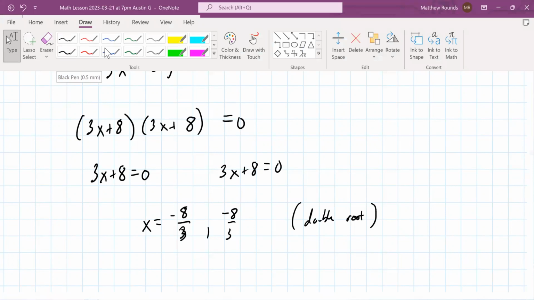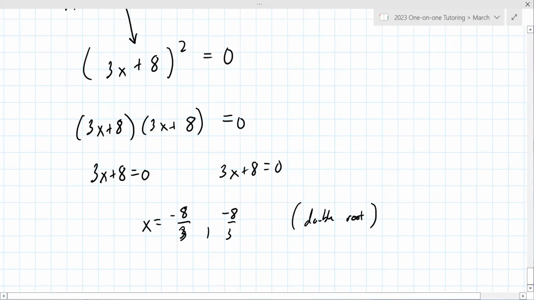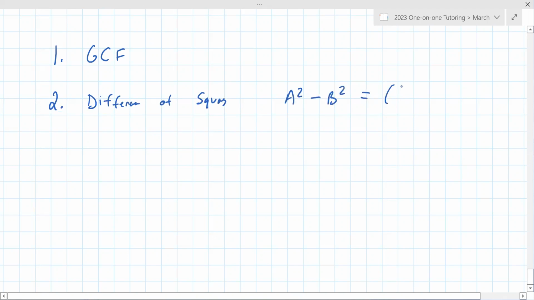Okay, so we should try to quickly summarize just the first couple of types that we're doing. So the first type of factoring you always try is GCF, greatest common factor. There's not really any formulas associated with that, but there are for the next two. So difference of squares: this is a squared minus b squared, and it becomes a minus b, a plus b.